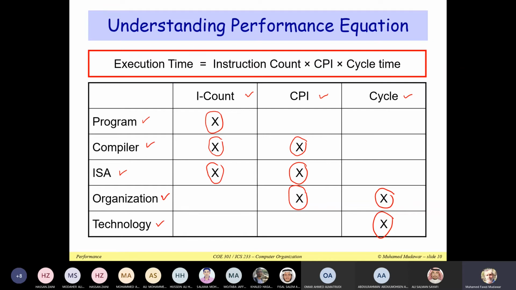So you can see that part of this performance equation, which is the execution time, is related to the software and part of it is related to the hardware. So both are needed to reduce the execution time of a given program. So this is the picture that I want you to understand about the performance equation.